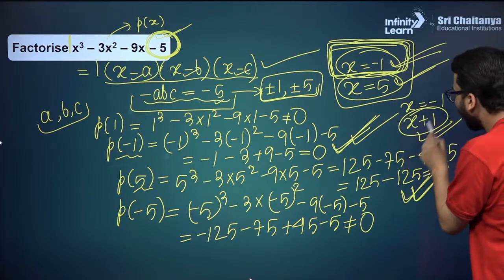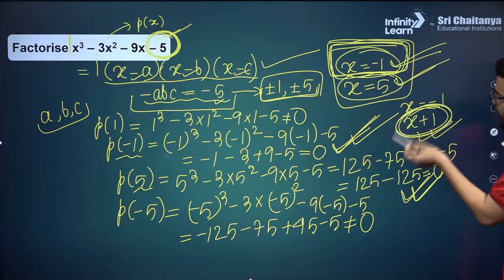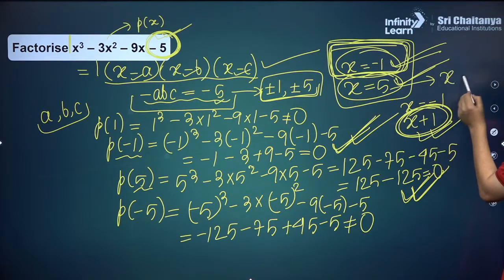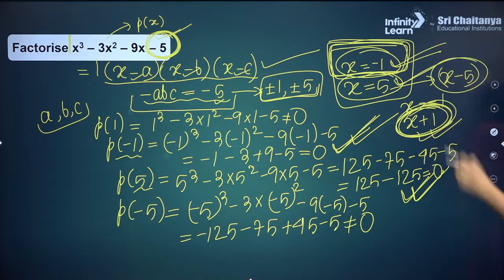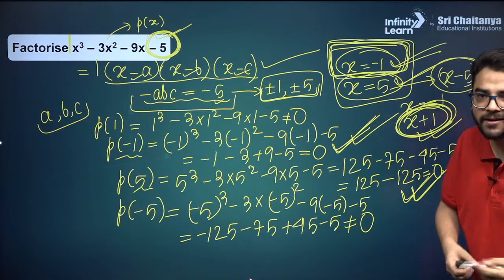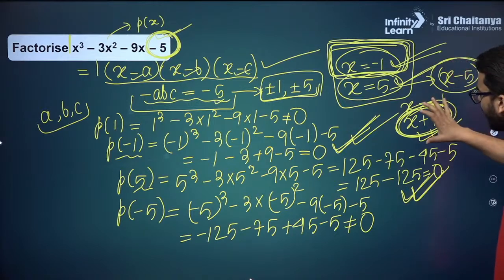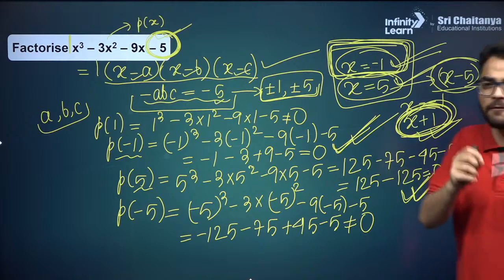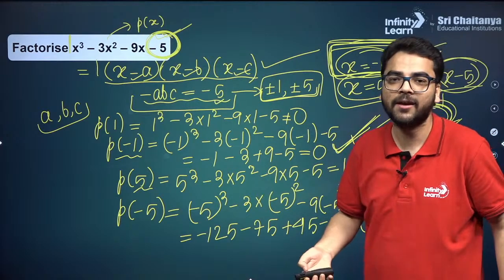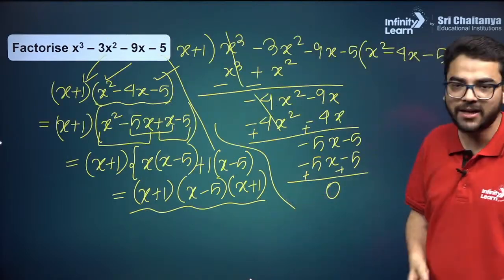You can take x plus 1, or if you want, you can take x minus 1 as well, because by factor theorem, x minus 5 and x plus 1, I'm sorry, are the factors of this polynomial. So in order to get the other factors, what can you do?